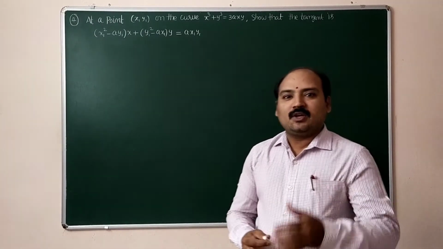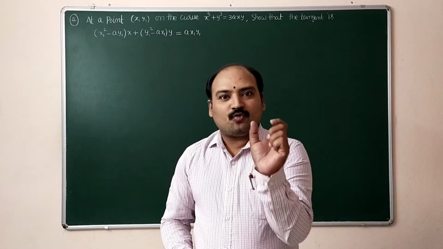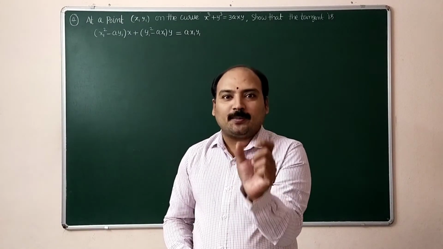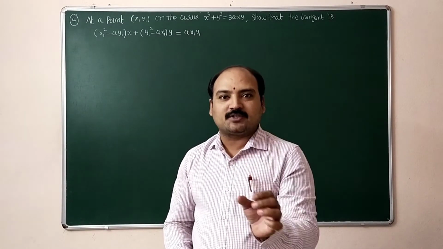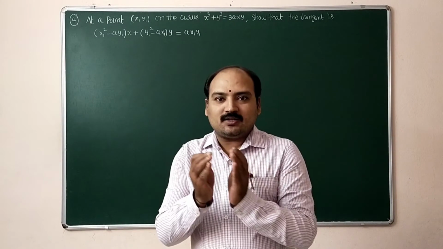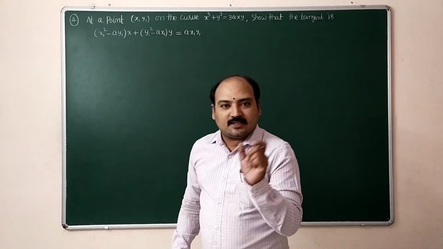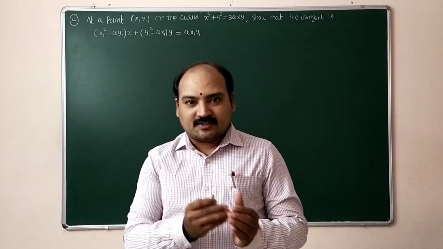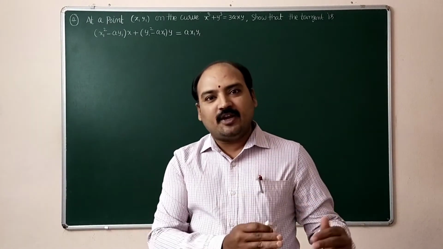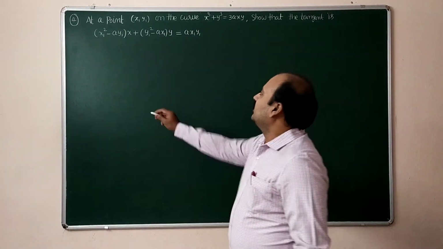First consider the given curve and find the slope, that means differentiate the given curve with respect to x. You will get the slope of the curve. Slope of the curve at what point can you calculate? At (x1, y1), so wherever x, y is there, you have to replace with x1, y1.